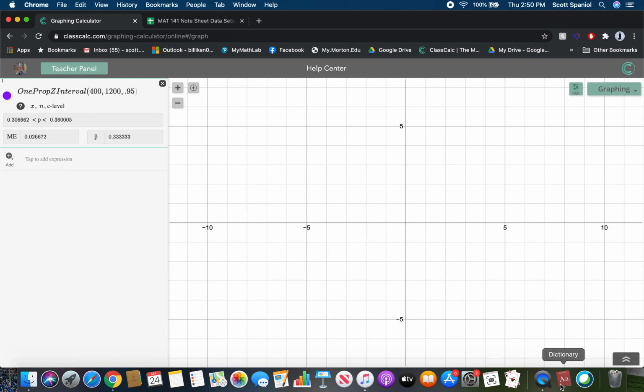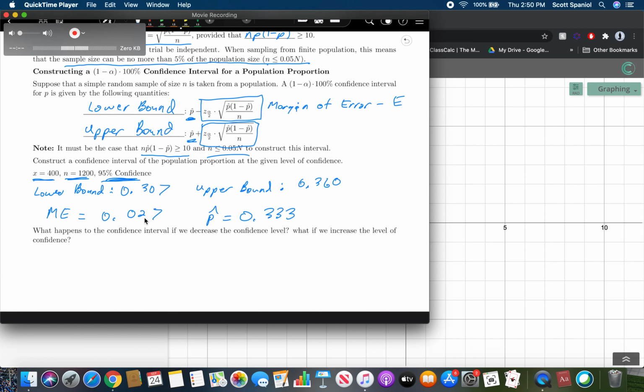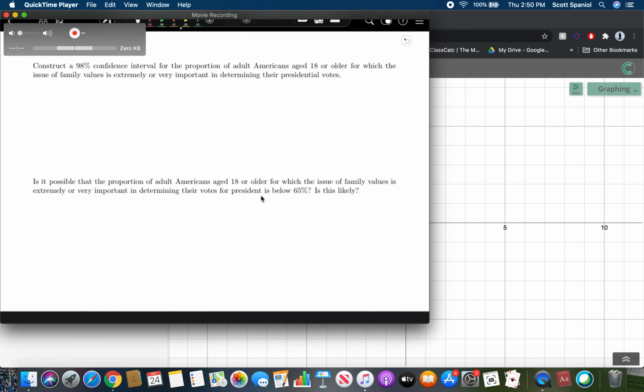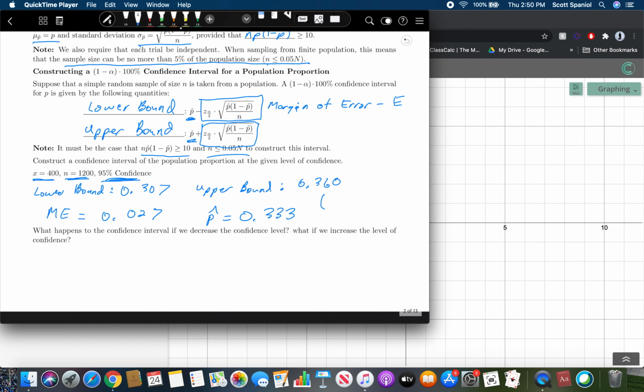So it basically gives us all the values, all the things we could possibly want to know about this. Okay. One other thing, you could write this lower bound, upper bound in what's called interval notation if you wanted, which would be 0.307, comma 0.360. Okay. But that's the idea of what we're looking for here.